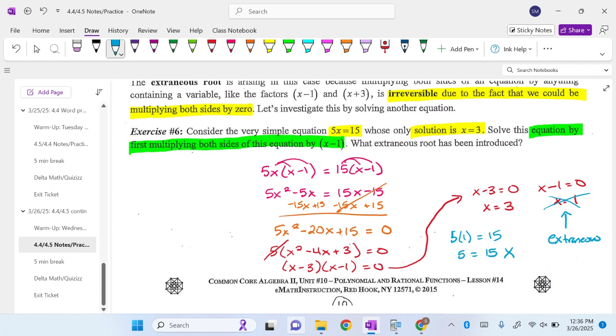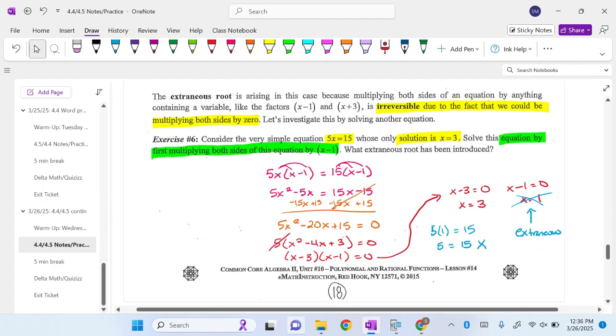Especially with rational functions, take the extra minute and plug it back into the denominator if it has an x there, and see if it equals 0. If it does, it's an extraneous solution. All right? Any questions on that? So that's all that part of the lesson was talking about, extraneous solutions, and just be careful about watching out for them. All right.